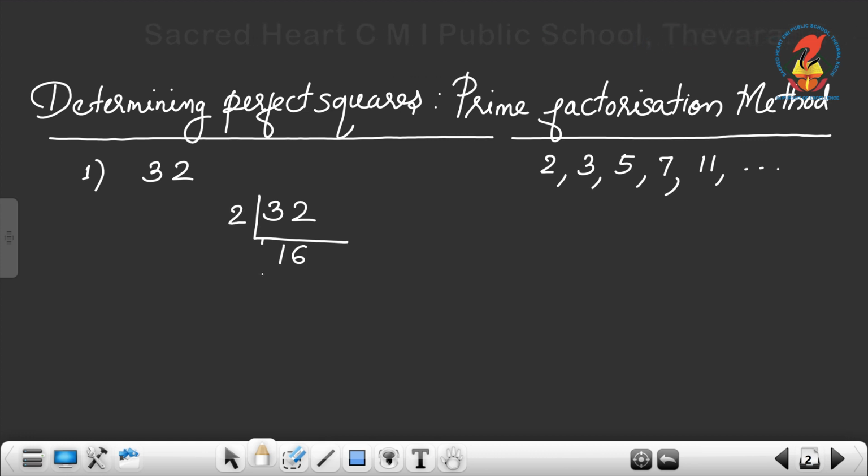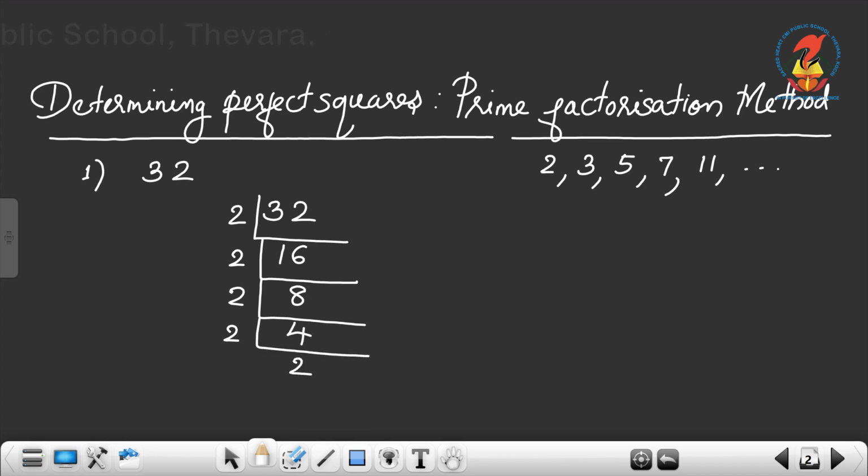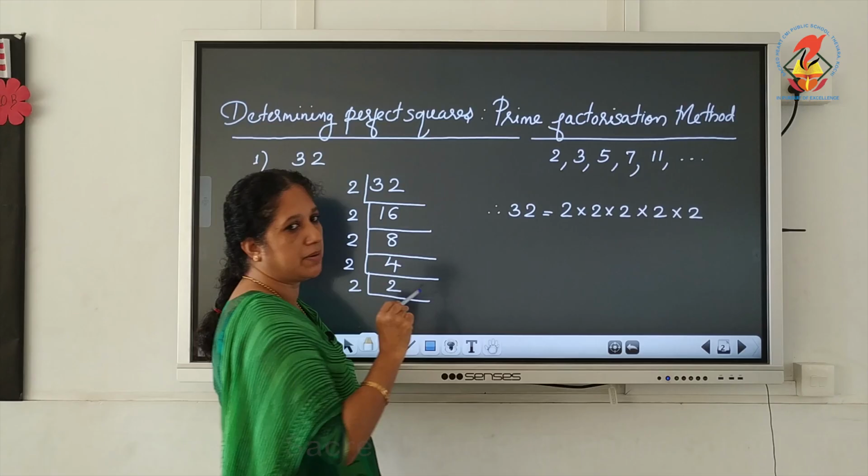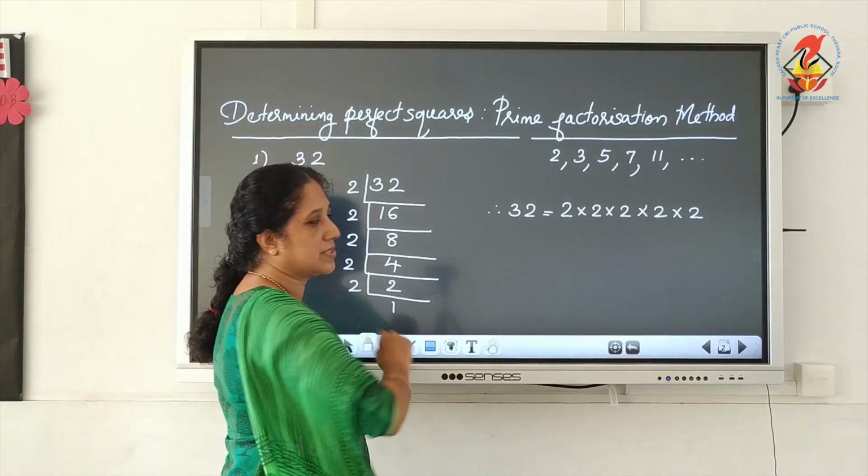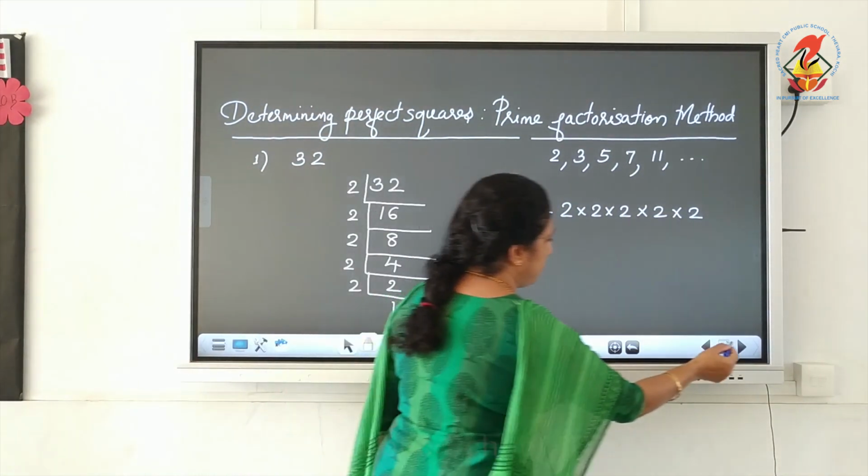Then it is 16, again with the 2, 8, again with the 2, 4, again with the 2, 2, again with the 2, here we have 1. Therefore 32 we can write as 2 into 2 into 2 into 2 into 2. So when we multiply all the prime factors, we will get the given number 32. And this method is known as prime factorization method.